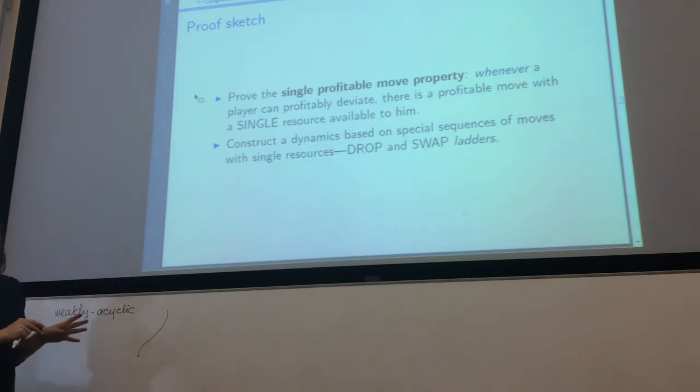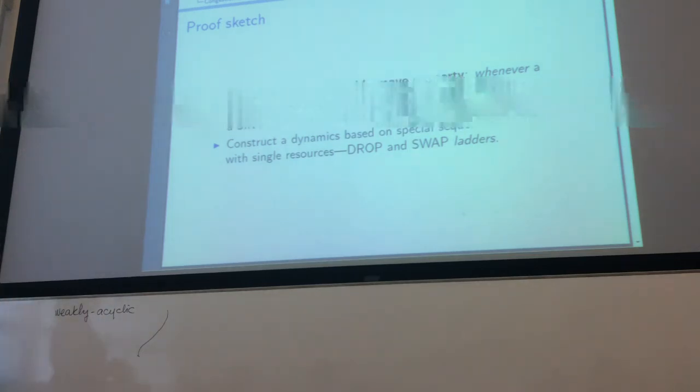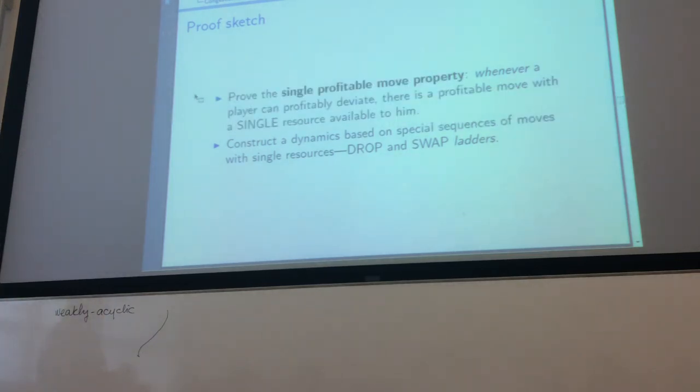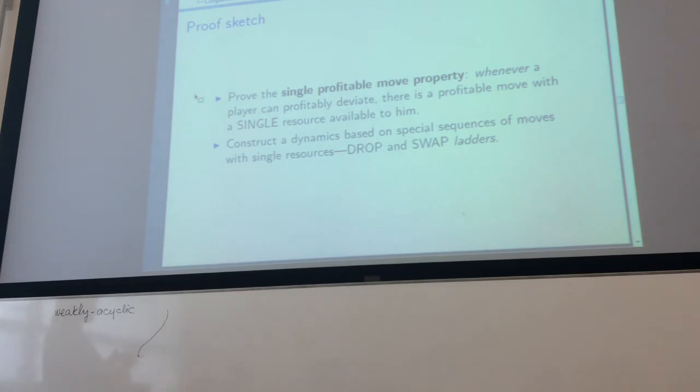The idea is very simple, and it uses all the properties, and particularly the Matroid property, strongly. So instead of considering all possible deviations, what do we have at hand? The strategies for the players are subsets of resources, so there are exponentially many in general, right? All possible subsets of resources. But since we have this Matroid property, we can move from one strategy to another with small steps.